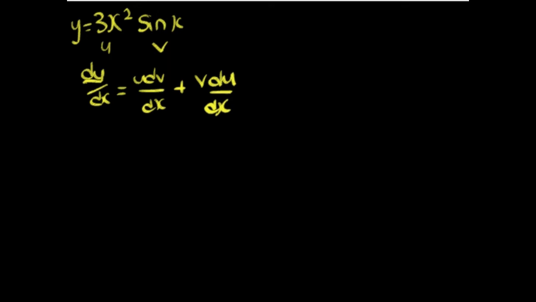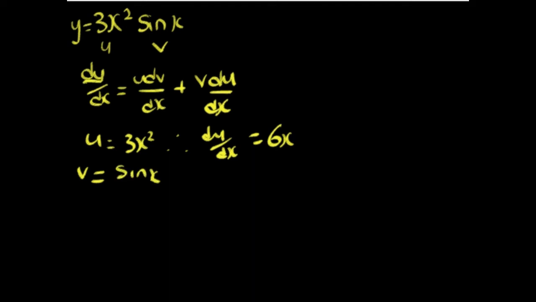So what happens in this case now, we have our u, which is 3x squared. Therefore du over dx now will give us 2 times 3 gives us 6x.